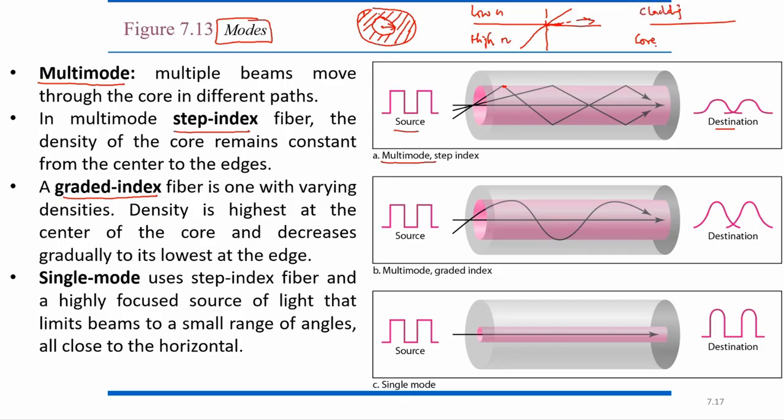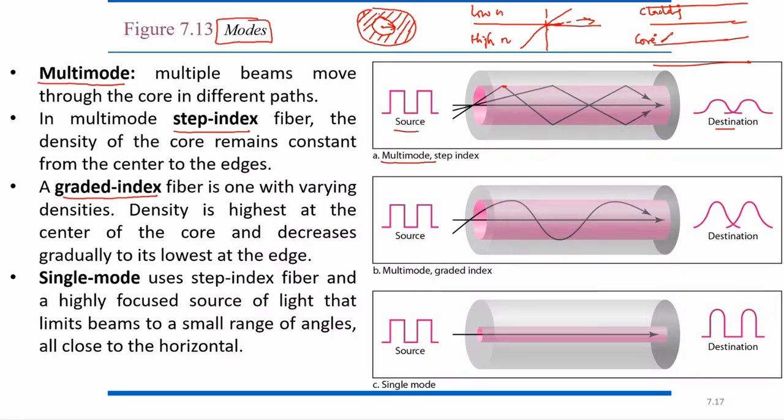In the core, from here to here, there will be a change in the refractive index. If a light is coming, at each point there is a change in refractive index.